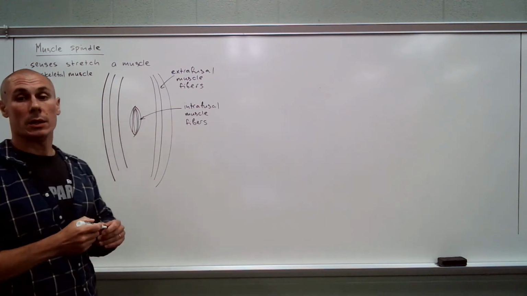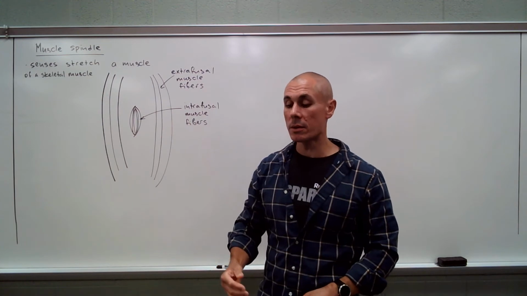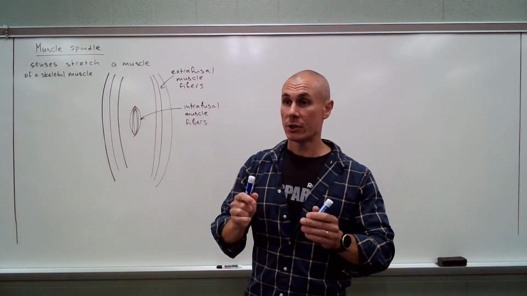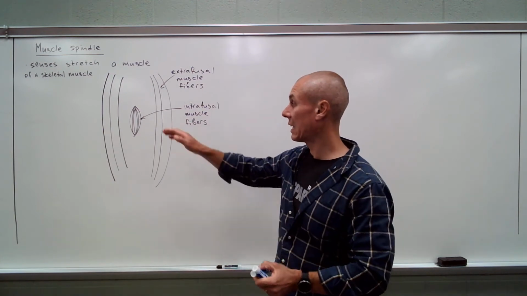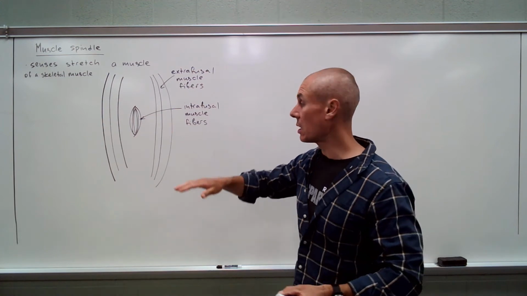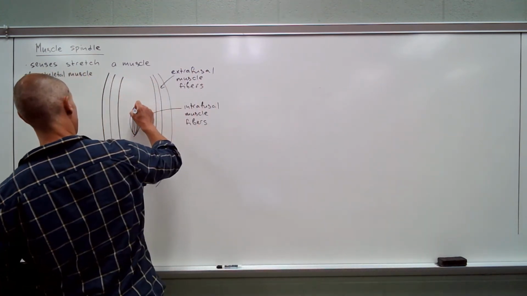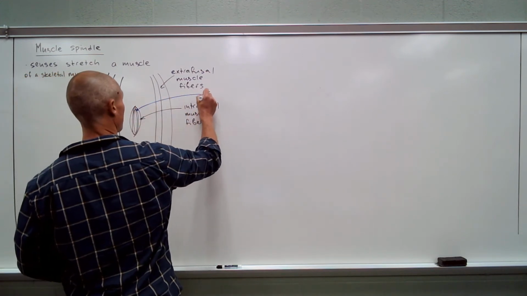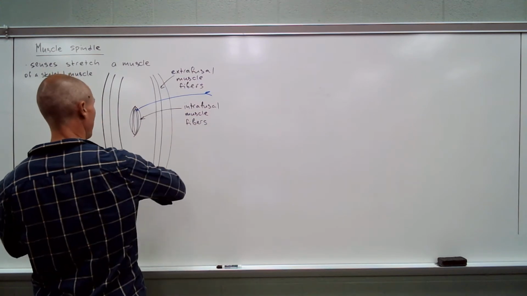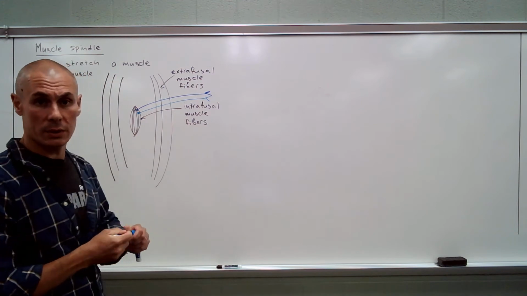Okay. Now, since muscle spindle senses the stretch, it's got to have sensory neurons getting out of it. Does that make sense? Taking the signal away from the muscle spindle. So you've got a couple of sensory neurons. They have fancy names. Usually try to use shades of blue for sensory neurons.